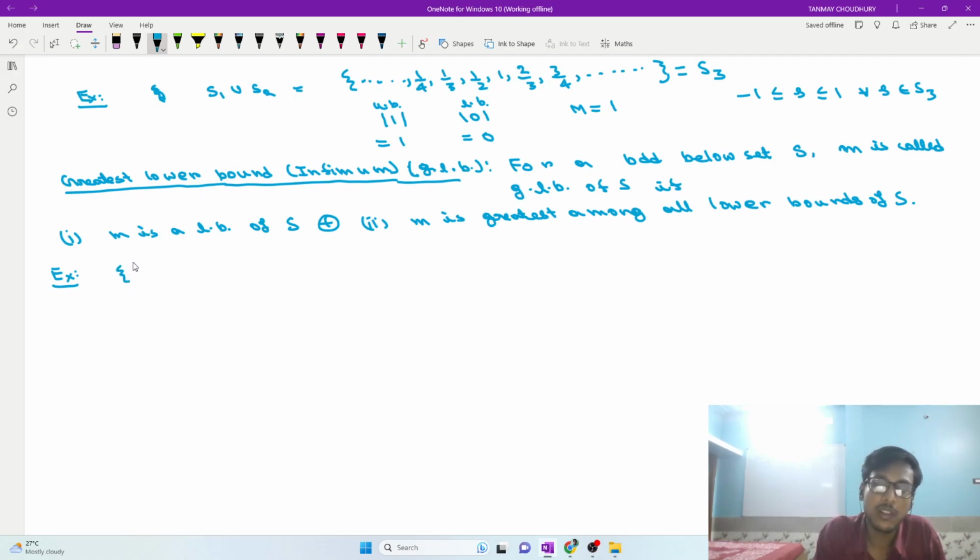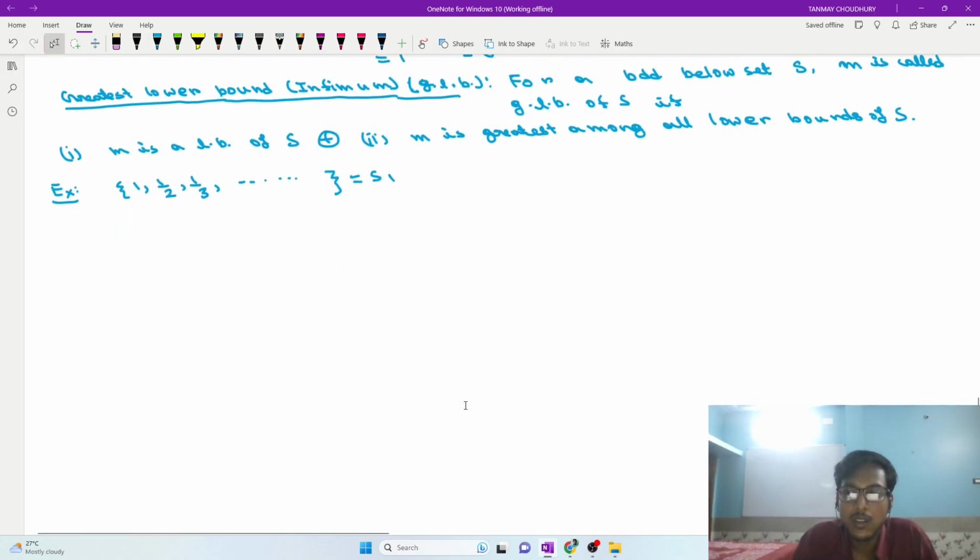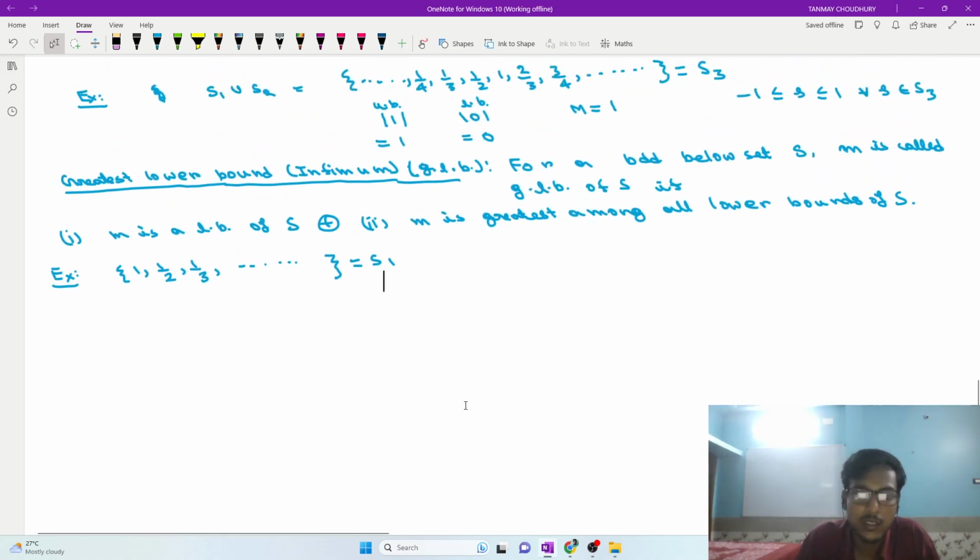So we will consider the same example which we have taken, one half, one third, and so on. This is our set which was S1. Now see, since everything is positive, irrespective of going into detail of the elements of the set, we can directly tell that 0 is less than or equal to small s for all small s belongs to S1. So 0 is a lower bound.